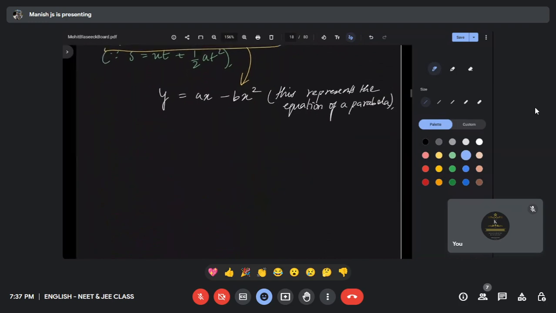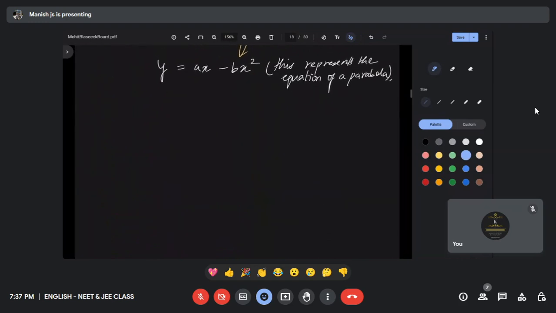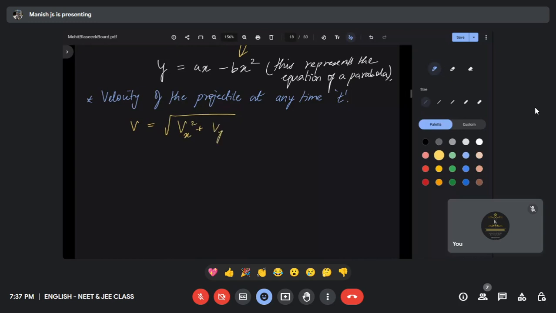Again, the velocity of the projectile at any time instant t can be expressed as v is equal to under root of vx squared plus vy squared.